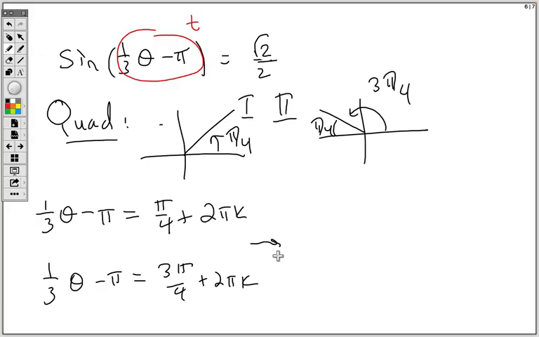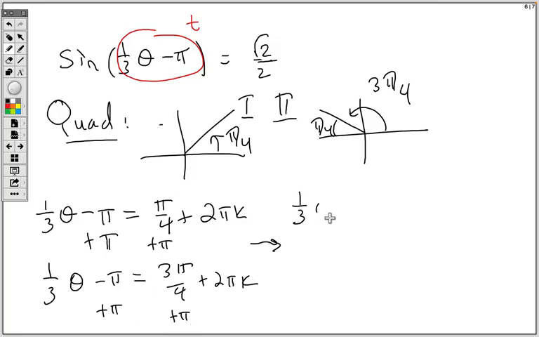All right, and now I need to solve this equation for theta. So I'd be adding pi to pi over 4 and adding pi to 3 pi over 4. These are the like terms here. There are no k's attached to these pi's, so I'm just going to be adding them to the angles.